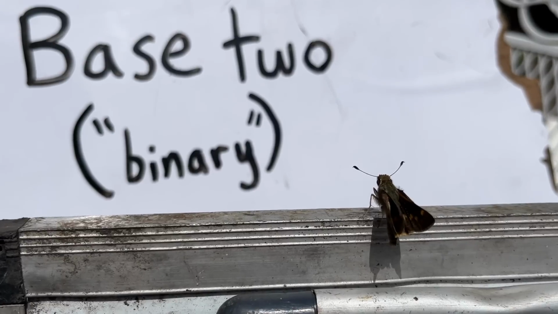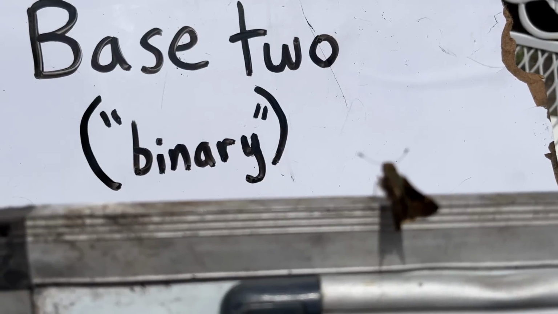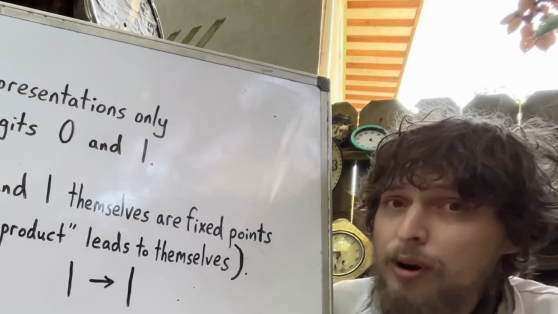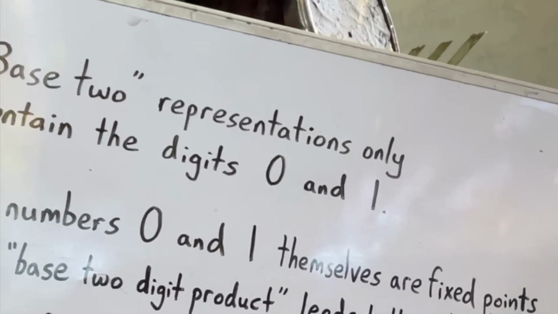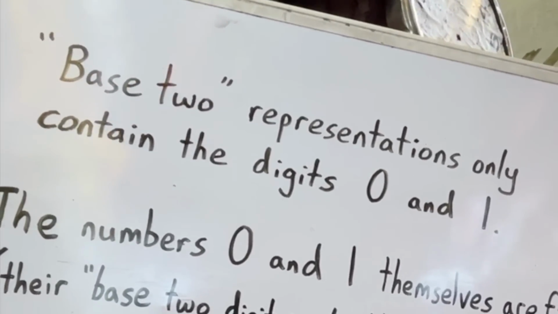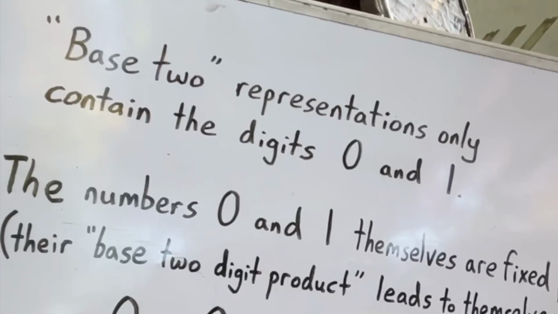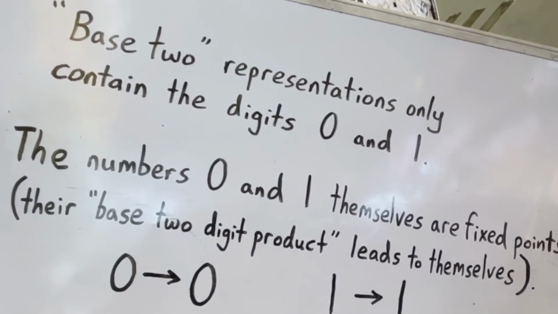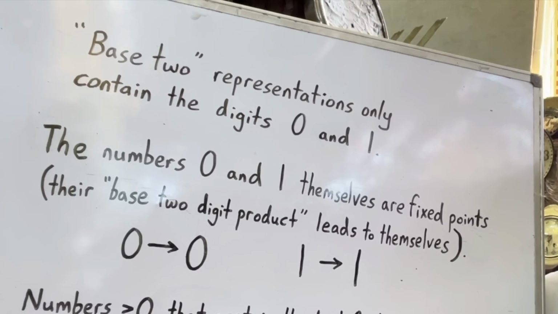Now let's look at multiplicative persistence in base 2. Base 2, also known as binary, is an interesting case here. The number 0 and the number 1 themselves are fixed points here, but what about larger numbers?